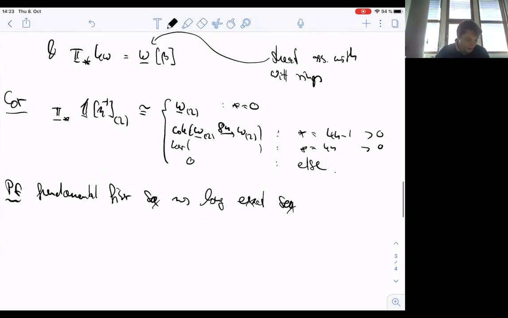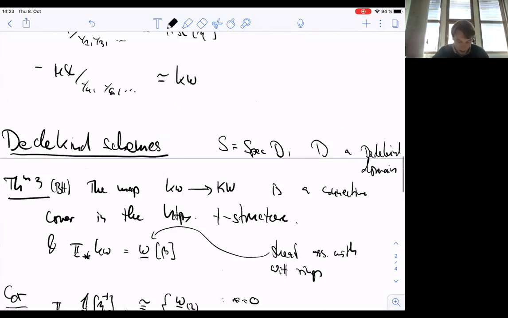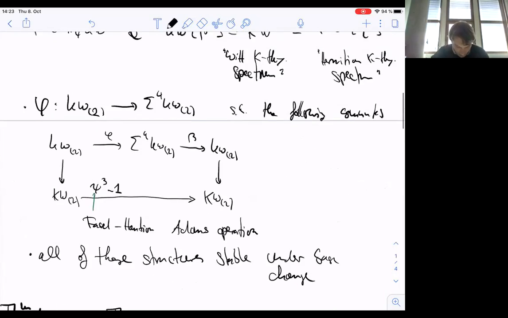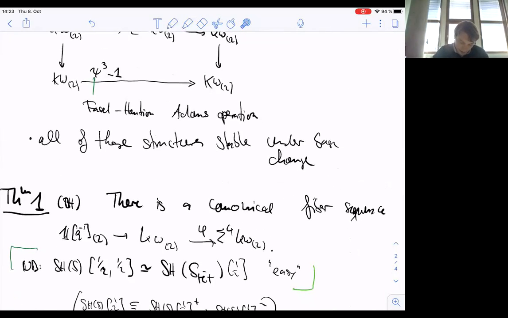So you immediately learn that pi 0 is this Witt guy, and you learn that the other groups are given by the kernel and cokernel of the action of phi, right? So if you think back to this fundamental sequence, you're going to see the kernel and the cokernel of this map phi.